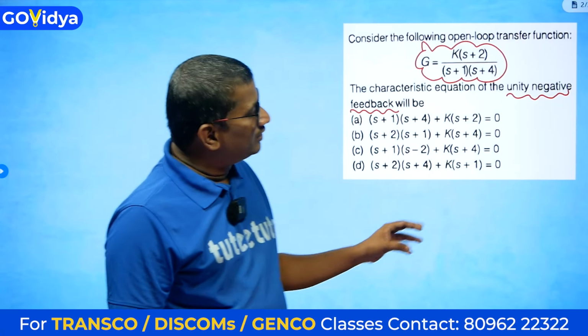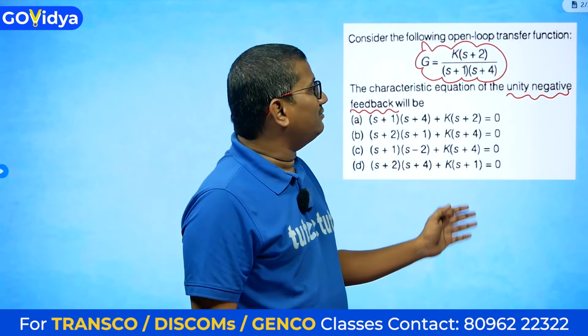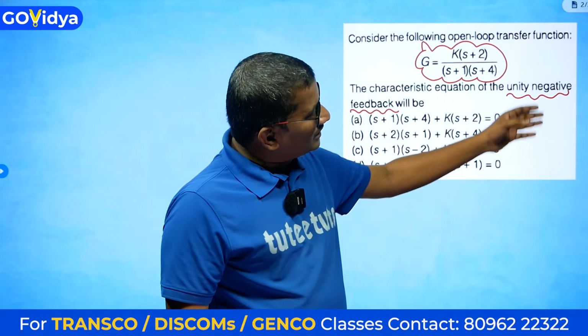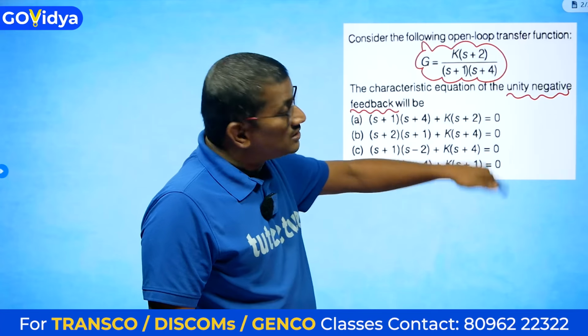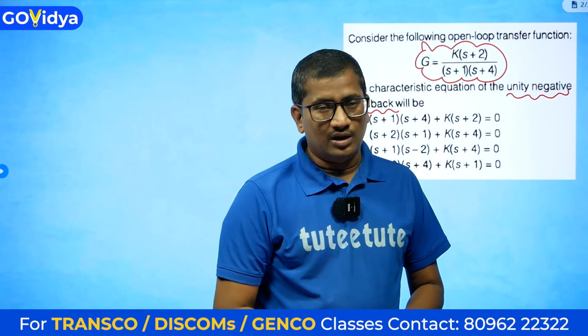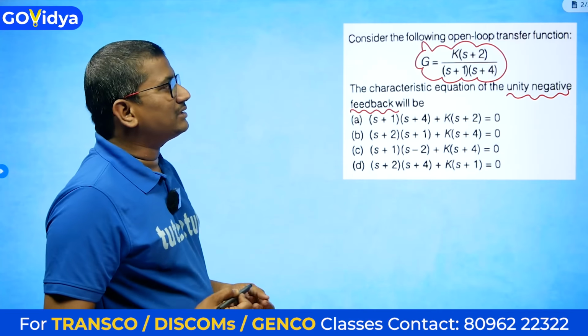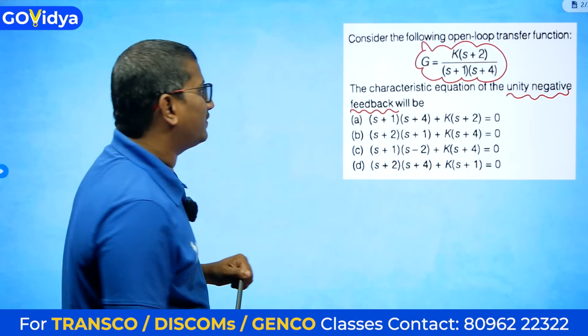Remember this, and be very careful with this terminology, because sometimes the person creating the question may ask about a positive feedback system. It can be possible. So a unity negative feedback system means, obviously, a closed loop transfer function.